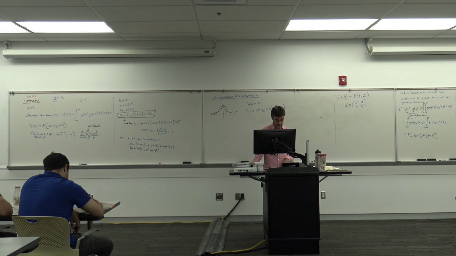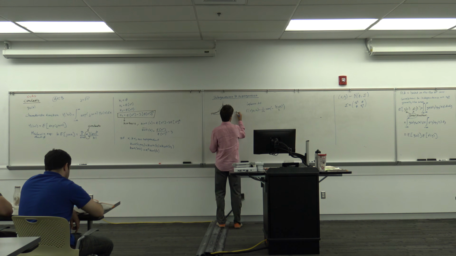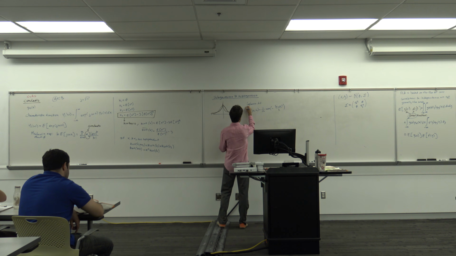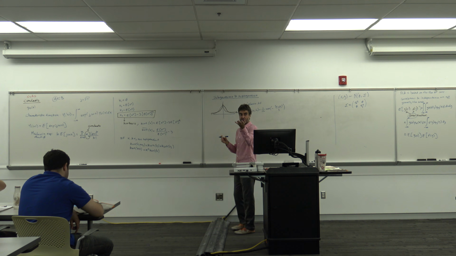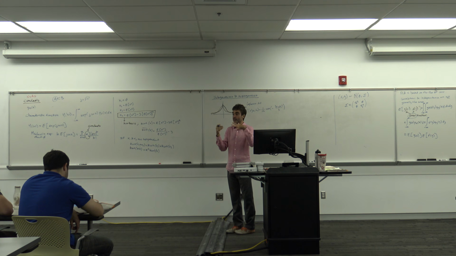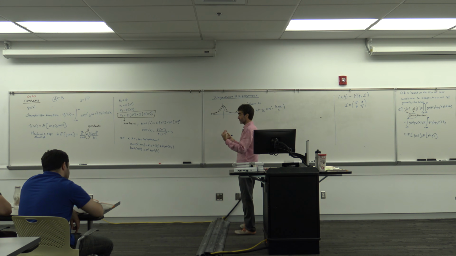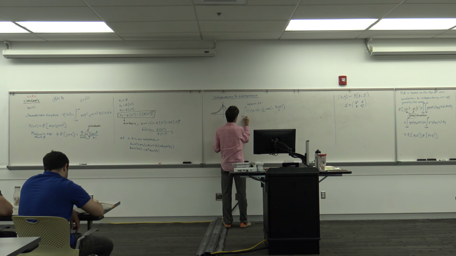These distributions are called Supergaussian. So these have heavier tails. Like the Laplacian, the logistic distribution would be another Supergaussian distribution.